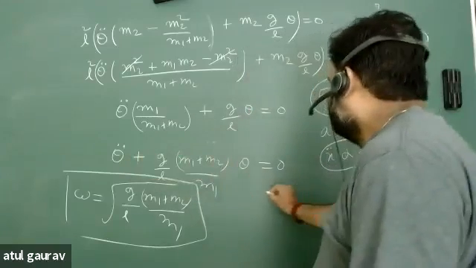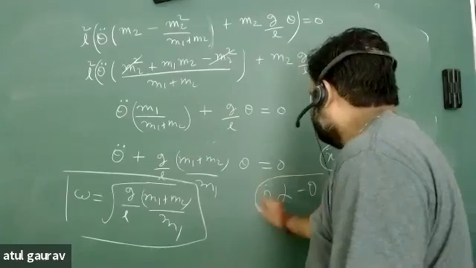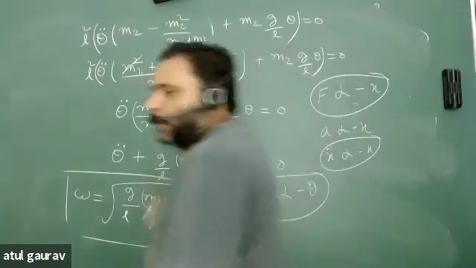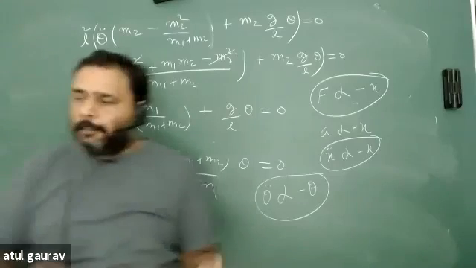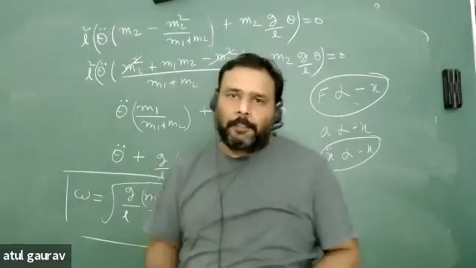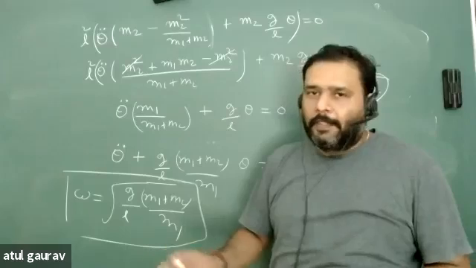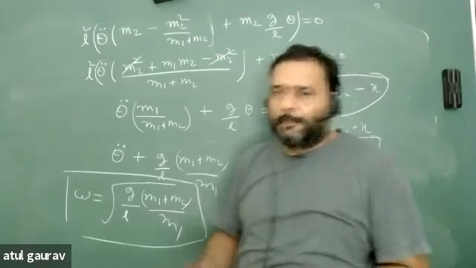Here theta double dot is proportional to minus theta, so we can go for a small oscillation. This is the ultimate thing we have proved using the beautiful concept of Taylor expansion. And I think last day was Taylor's birthday also.